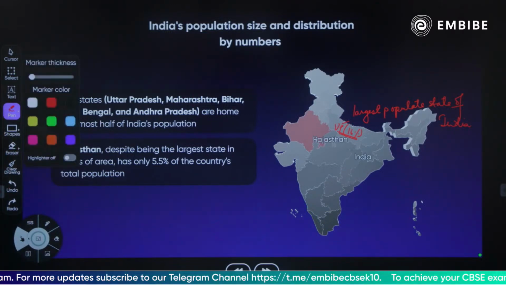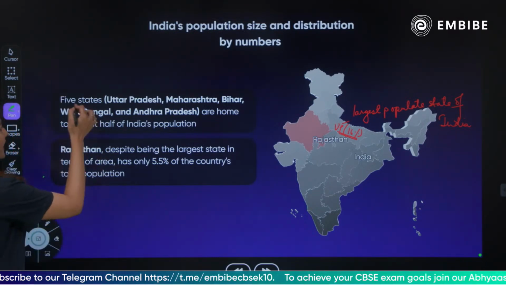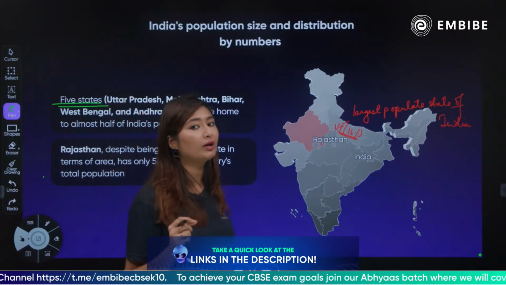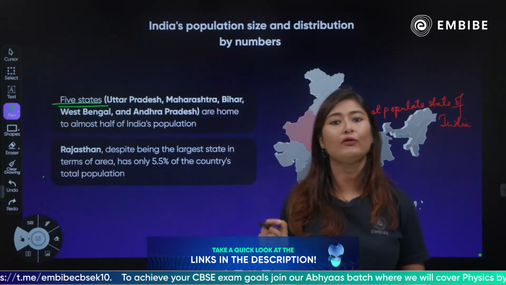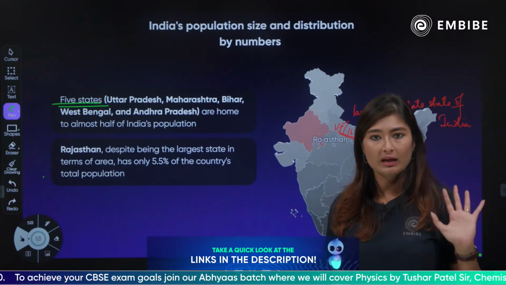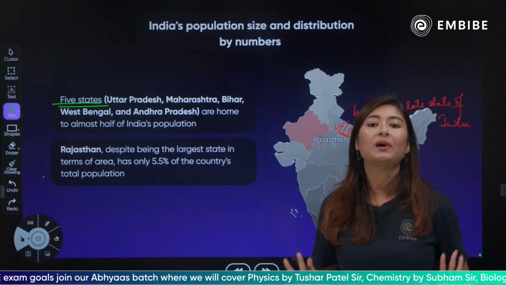So when you look at the populations of a few other states, 5 states guys, 5 states are home to more than or almost 50% of our population. लगभग 50% जो हमारी population है वो सिर्फ 5 प्रदेशों में, राज्यों में बसी हुई है.